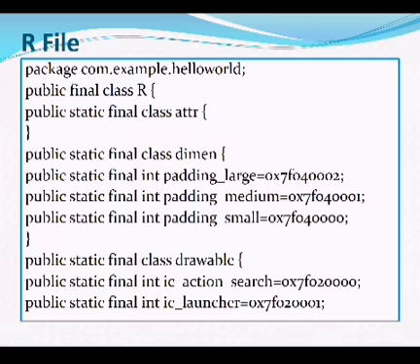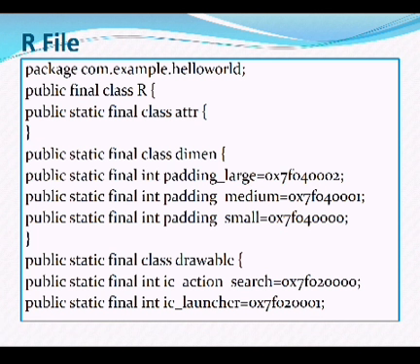Next, the R file. The R file is a compiler generated gen file. This is the R file for the hello world program. It is gen/com.example.helloworld/R.java. This file is the glue between the activity Java files like MainActivity.java and resources like strings.xml.